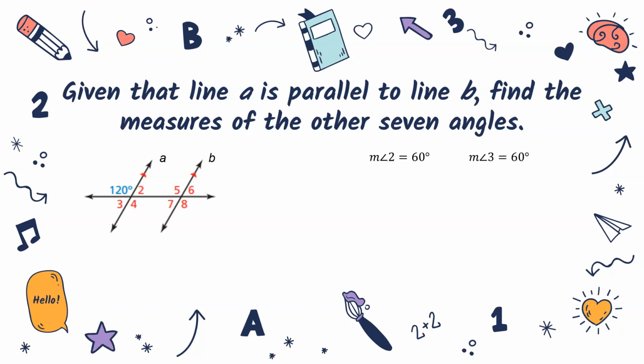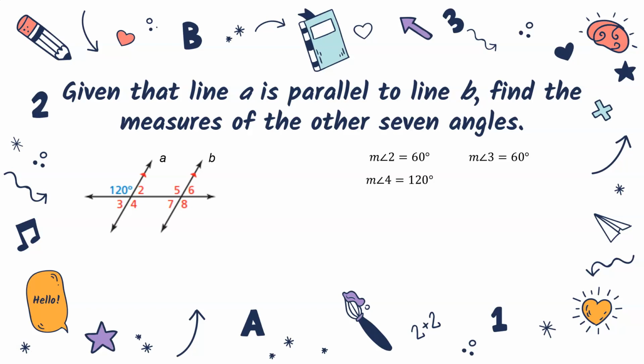120 and angle 4 are vertical angles, so that means they're opposite each other and they're congruent. Congruent means the same, so angle 4 is 120 degrees. Okay. Then I have angle 5, which is a corresponding angle to 120, means they're on the same spot on the parallel lines.